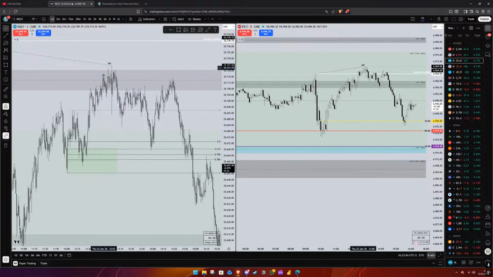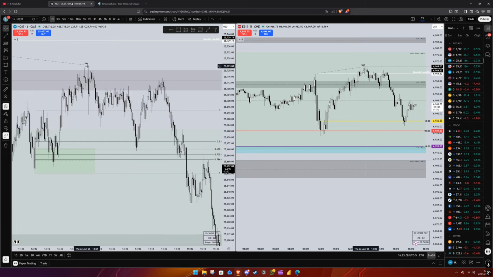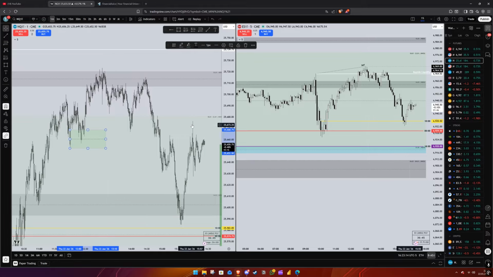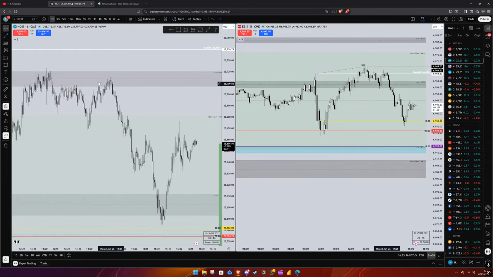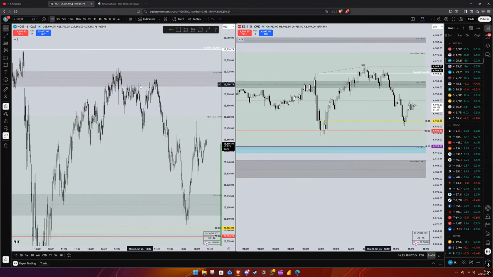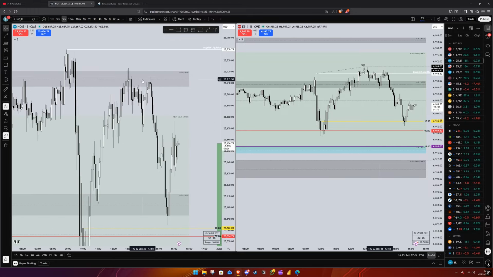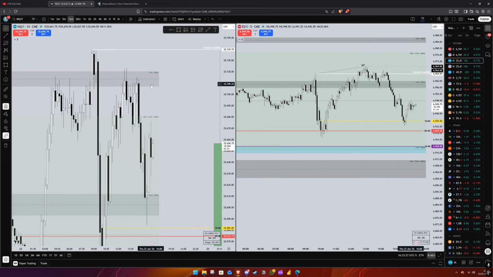The S&P clearly held. We had a lot of back and forth price action today. Nothing really good to look at and to really trade. And then, as you can see right here, price rejected, held the S&P. We had no real internal S&P to base a trade off of. We had no 5-minute structure in 50 minutes.